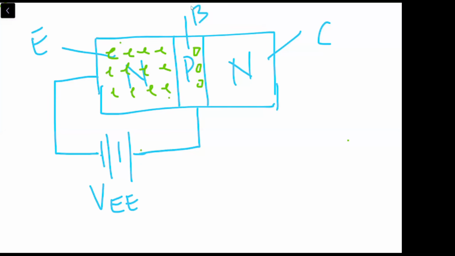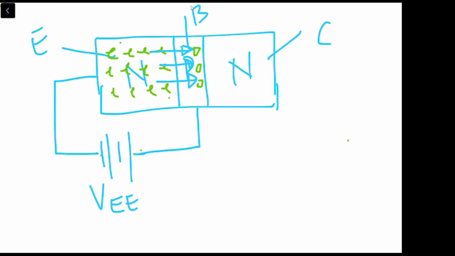If we forward bias the base emitter junction, the free electrons on the N side will start moving towards the P side. So the majority carriers from the emitter go into the base. Very few of them will be able to combine with the holes, and once they combine with the holes, they will flow through the base and constitute the base current.